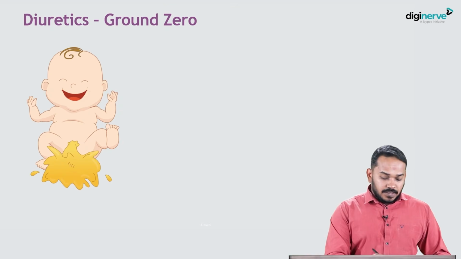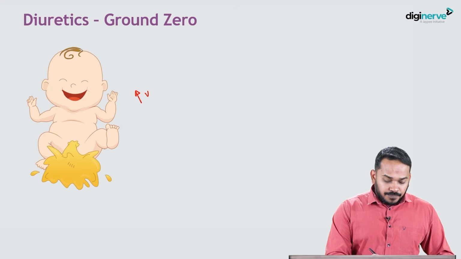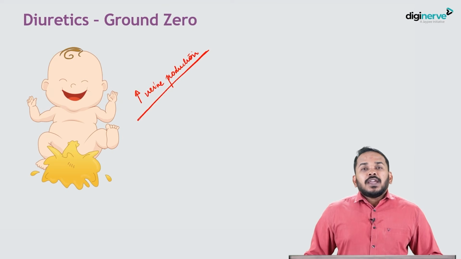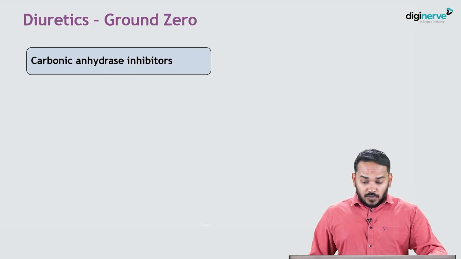So what are diuretics? Diuretics are agents that increase urine production. The diuretics are basically classified into 5 groups.